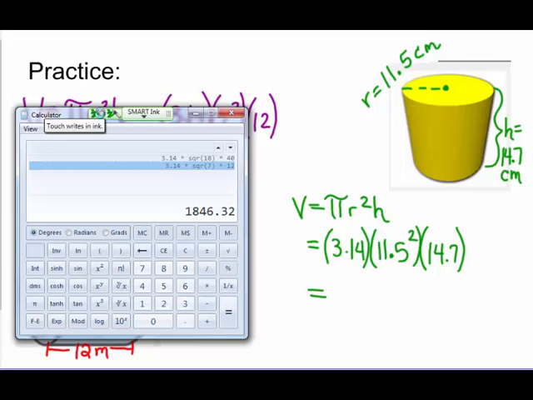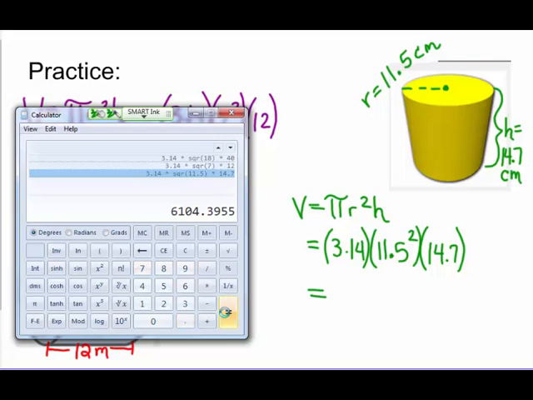Again, leaving my calculator up so you can see the numbers, I have 3.14 multiplied by 11.5, the quantity squared. I use the x squared button, multiplied by 14.7.